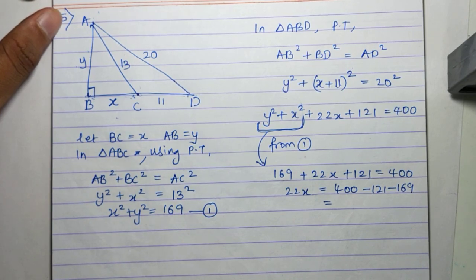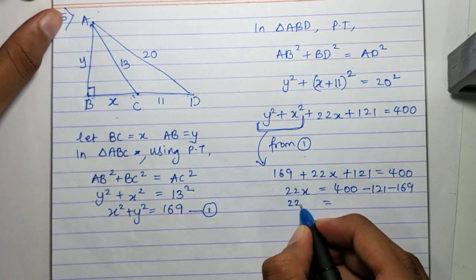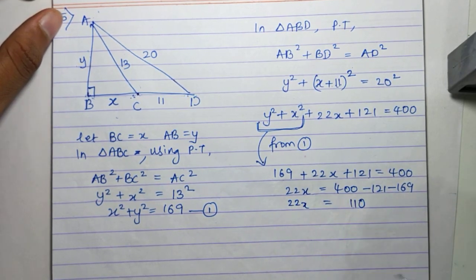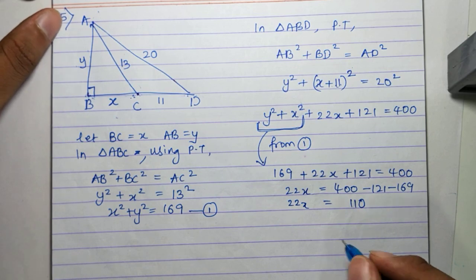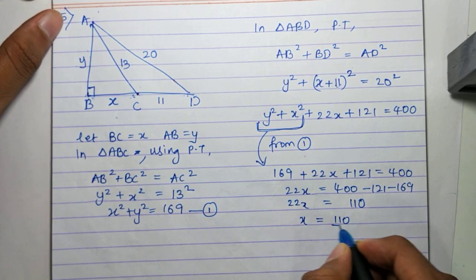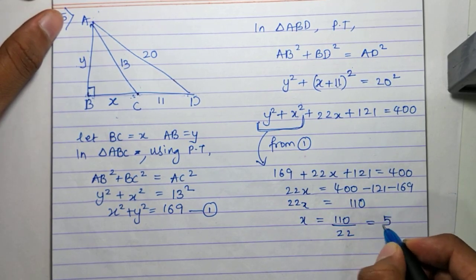When you do the calculation, you will get the value of this subtraction as 110. So what will x be? x will be 110 upon 22, that is 5.